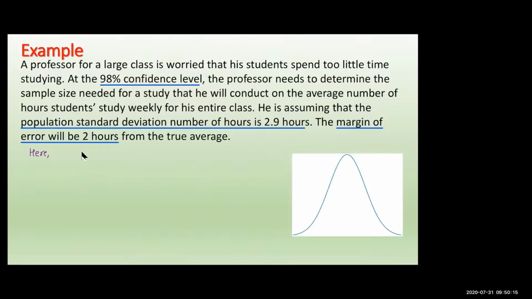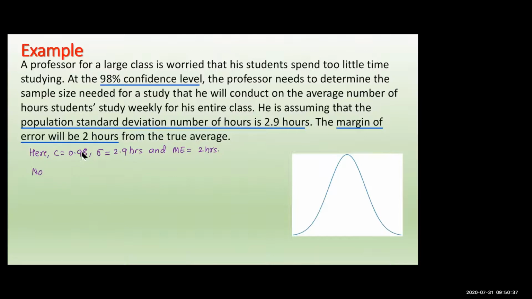Here you can see that the confidence level is 98%, so C is 0.98. Population standard deviation is 2.9 hours. And the margin of error is given, it is 2 hours. We need to find the sample size.